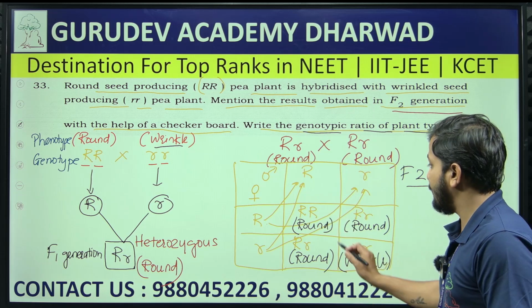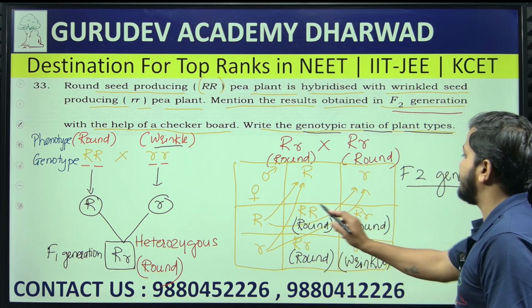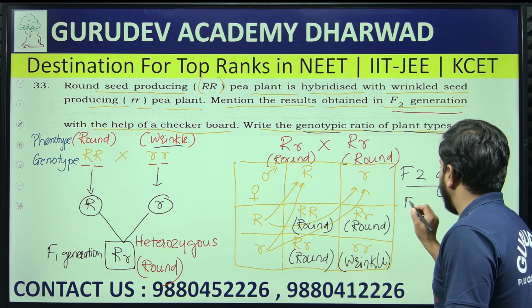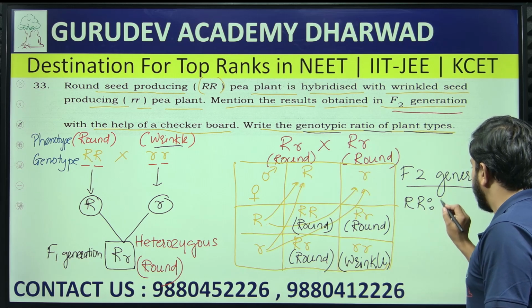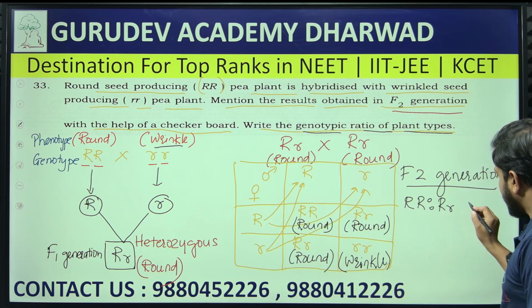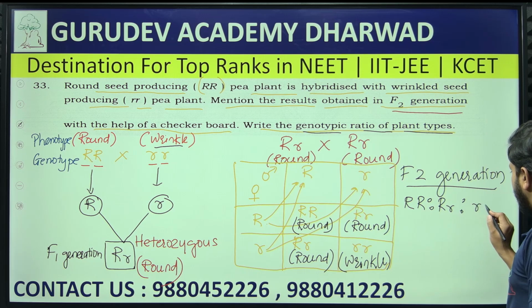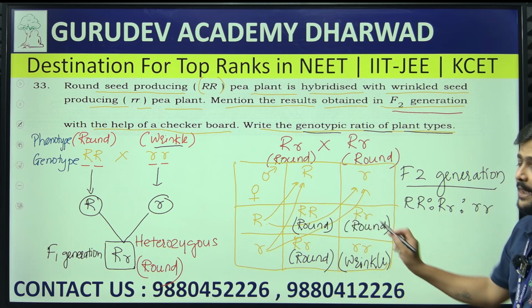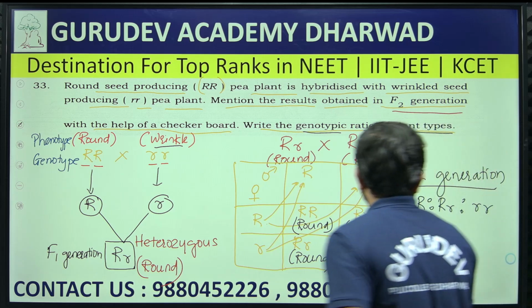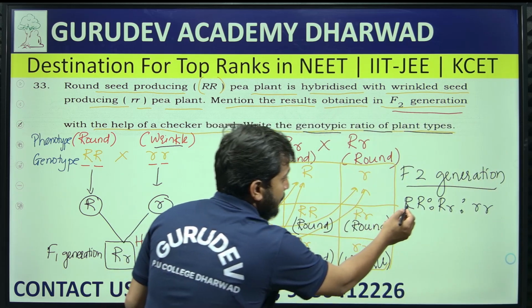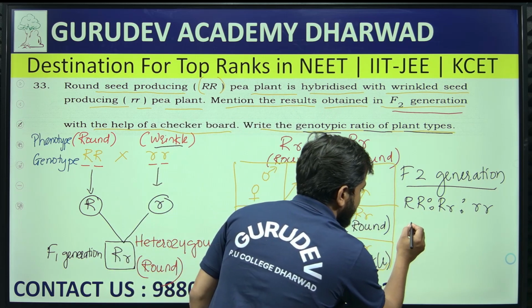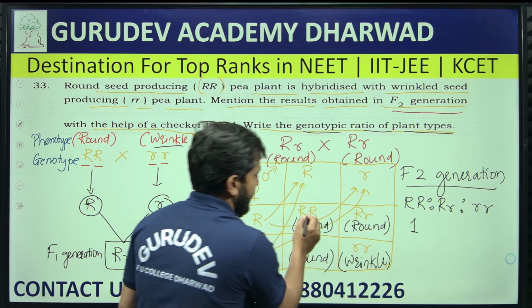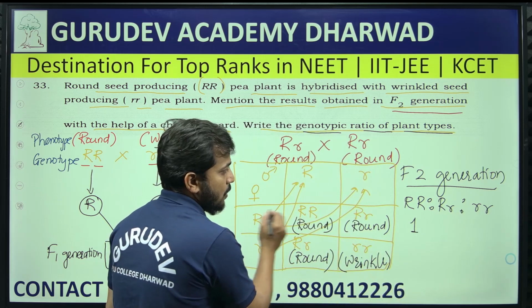So what we have to find out is the identical alleles. Here I find capital R capital R is 1, then small r small r is 1. Then we calculate how many of them are capital R, which is round.